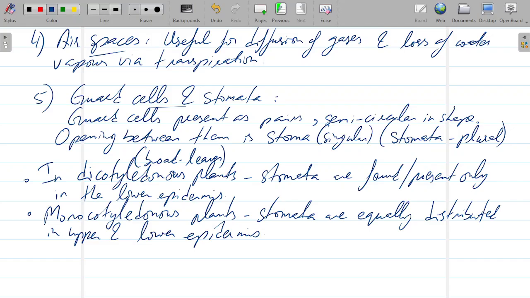Okay, so we've talked about osmosis in plant cells and how they become turgid, right? And the role of the cell wall in maintaining the shape of the plant cells when they become turgid. So in the guard cells, that is the concept that's at work.